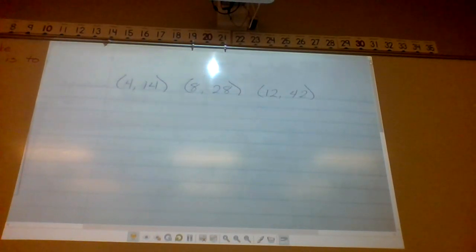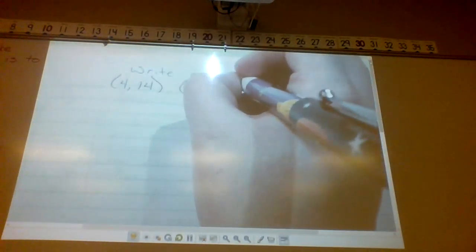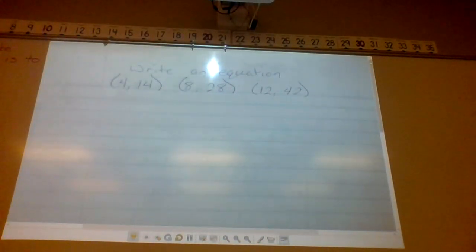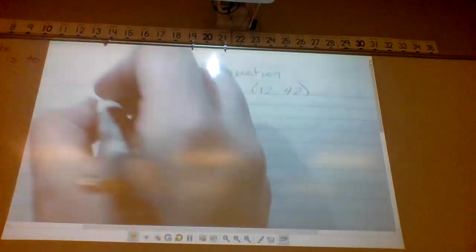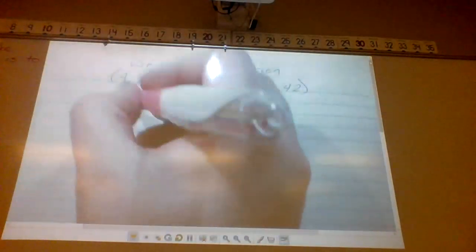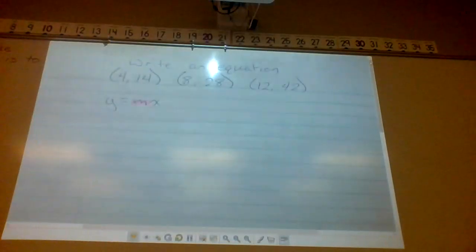You are going to write an equation. Your equation, what is it always going to look like? Look back on your teacher page. What is the initial equation I gave you? You are always going to have y equals mx. The only thing that needs to change is the m. You have to figure out what m is.